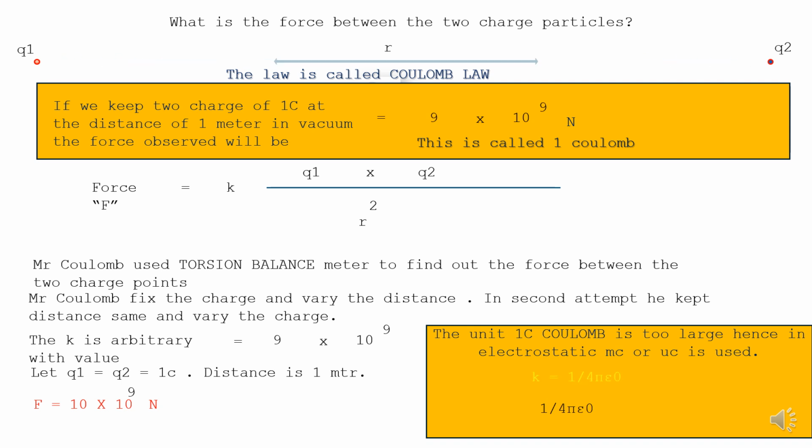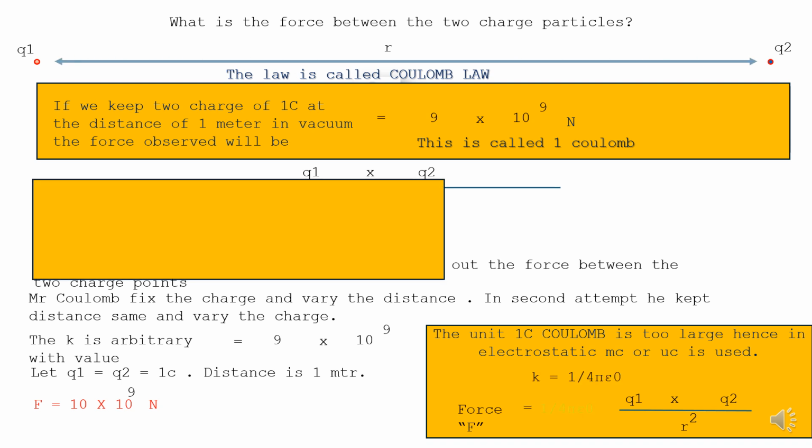So this is for your understanding. I have already said k is equal to 1 upon 4 pi epsilon 0. The force F is 1 upon 4 pi epsilon 0, q1 into q2, over the square of the distance. This is the mathematical formula for Coulomb's law.